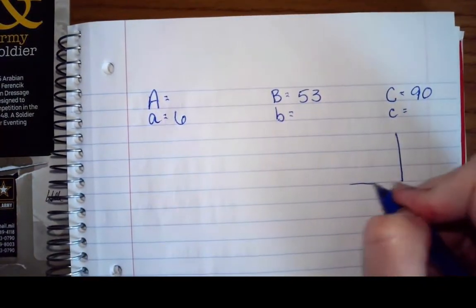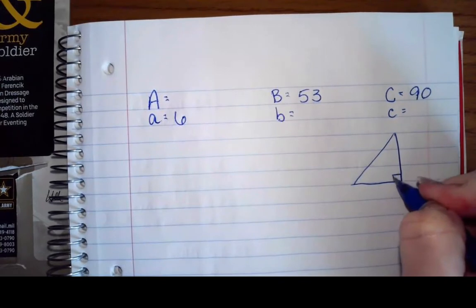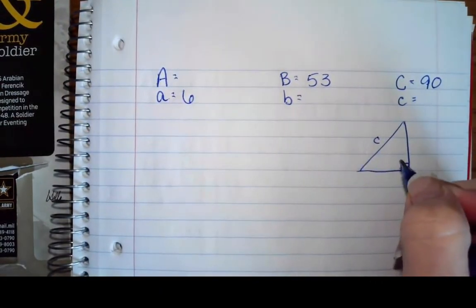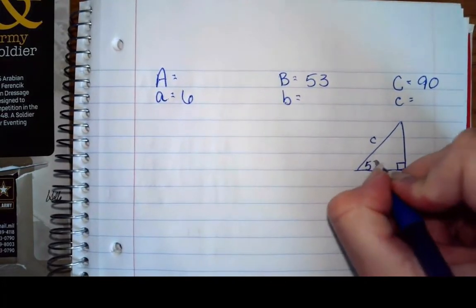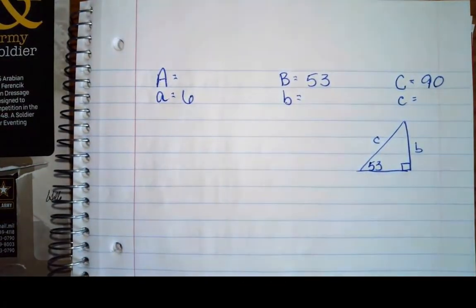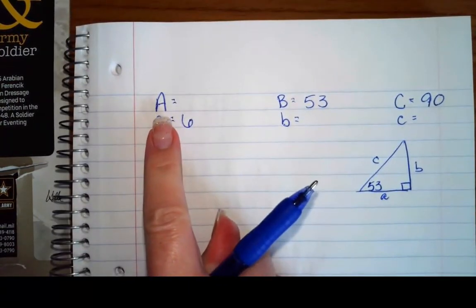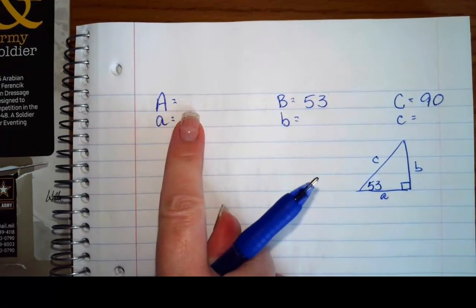So when I draw this, there's my right angle. I'm going to look for little c. I know that B is going to be 53, and I'm looking for little b, and I'm also looking for little a. Well, I can figure out what big A is. So this is going to be 37.